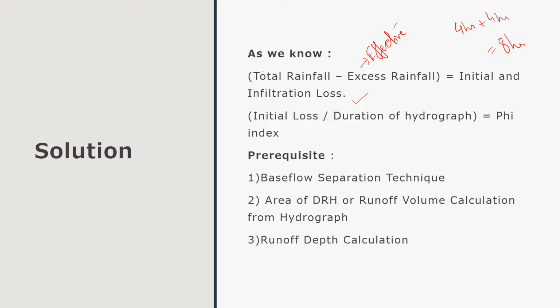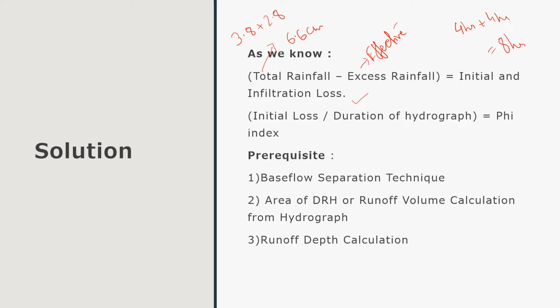The loss we have to calculate by deducting excess rainfall from total rainfall. We know what the total rainfall is. It is already given: 3.8 plus 2.8 centimeters, so it is coming as 6.6 centimeters. Correct? So total rainfall we know.